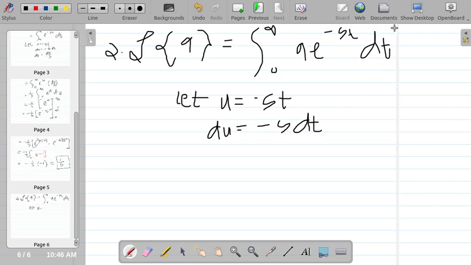So, to find dt, it is just equal to du over negative s.